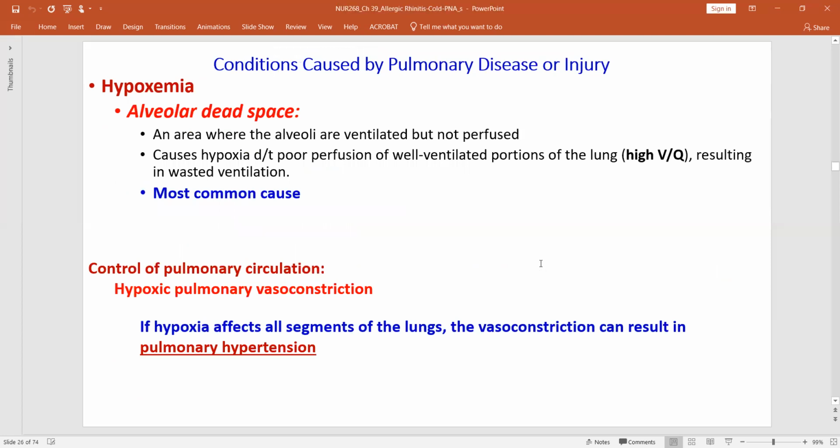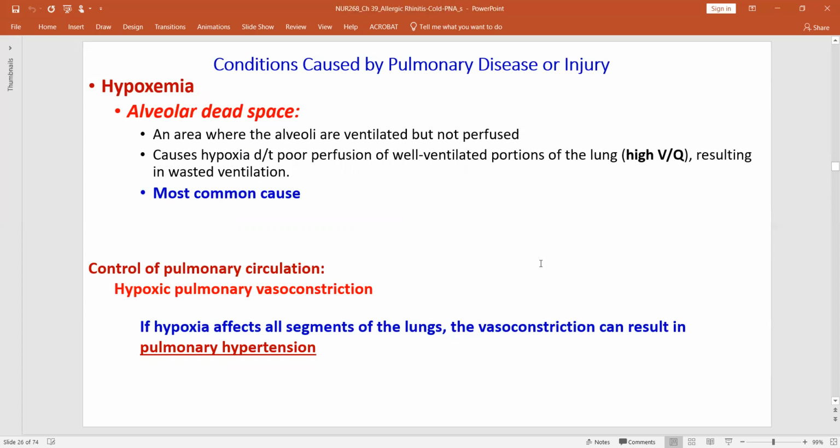Hypoxemia, so we have alveolar dead space, an area where the alveoli are ventilated but not perfused. So we have good ventilation but no good perfusion. The most common cause of this is a high VQ ratio, ventilation perfusion ratio.